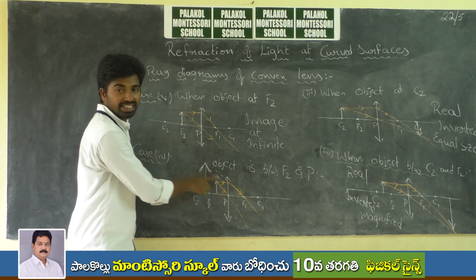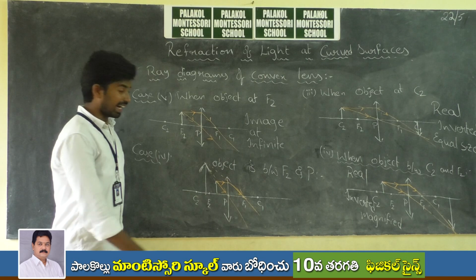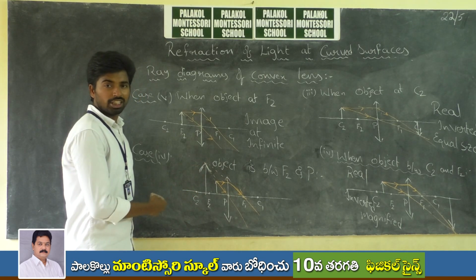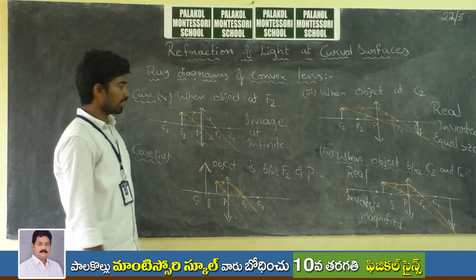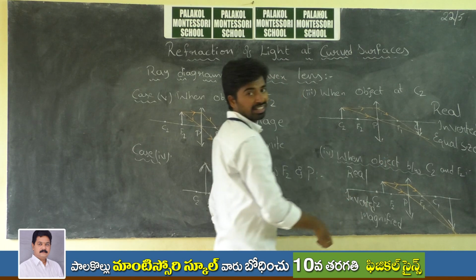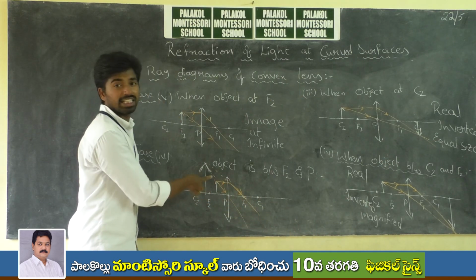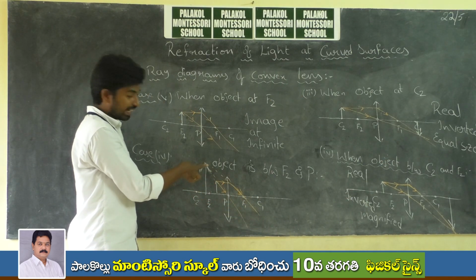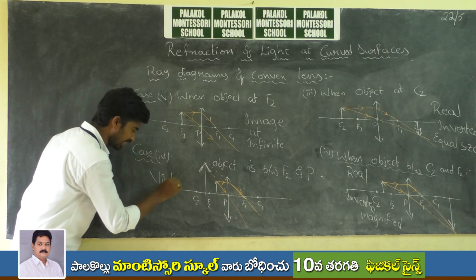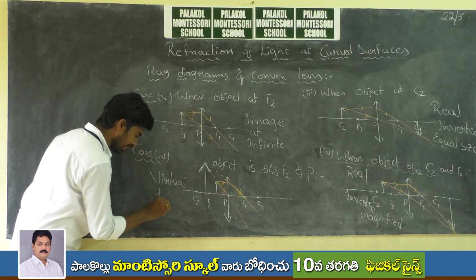I have just extended them in the backward direction, and hence this is not a point of real intersection. In the earlier cases the light rays really intersected, but here the light rays seem to be coming from this point, and hence the image is a virtual image.